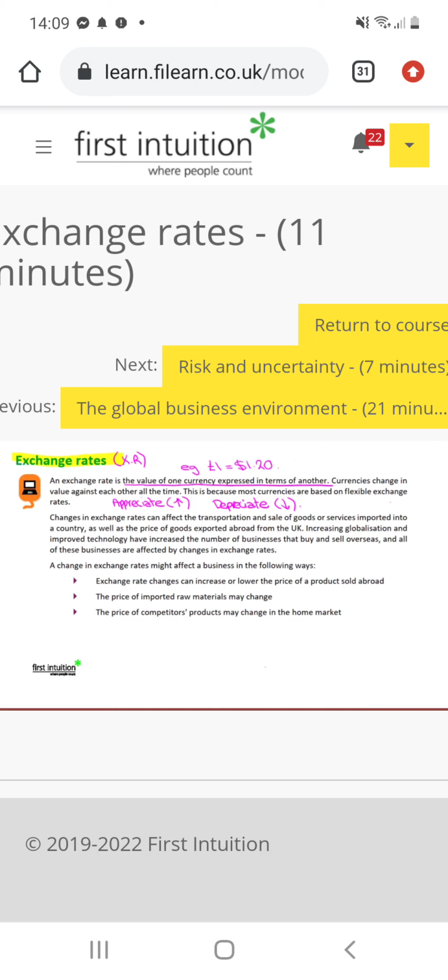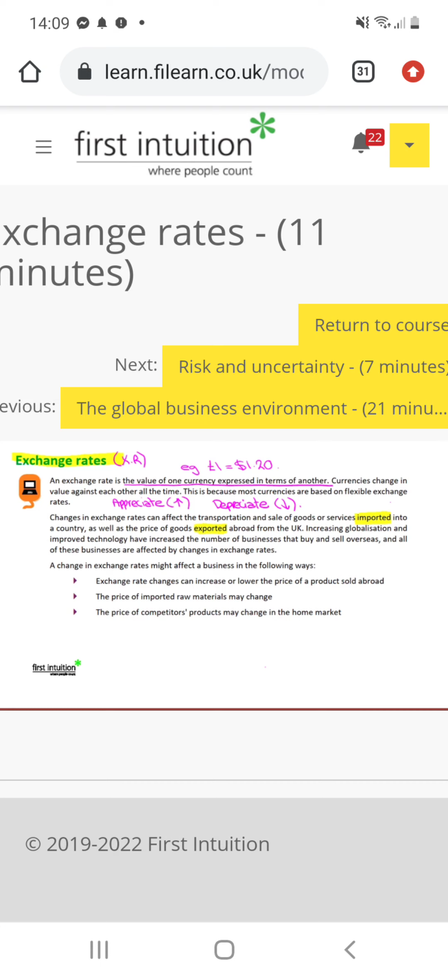Changes in exchange rates can affect the transportation and sale of goods or services imported into a country, as well as the price of goods exported abroad from the UK. So it impacts on prices of things imported and prices on things that are exported from the UK.